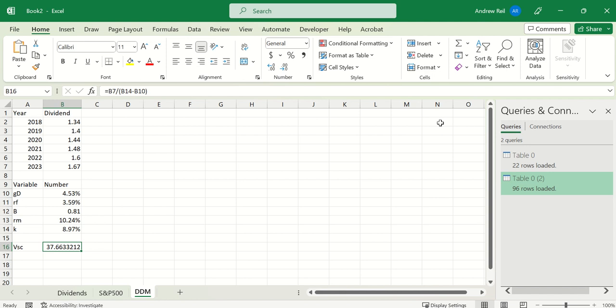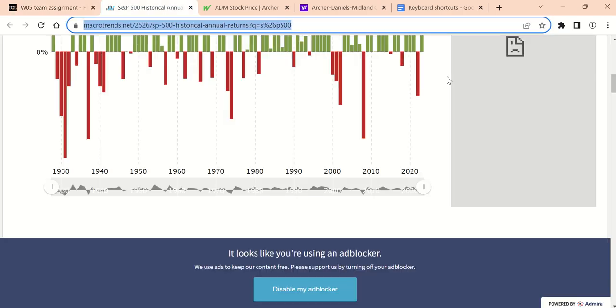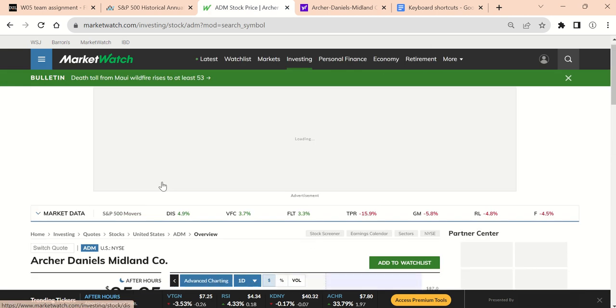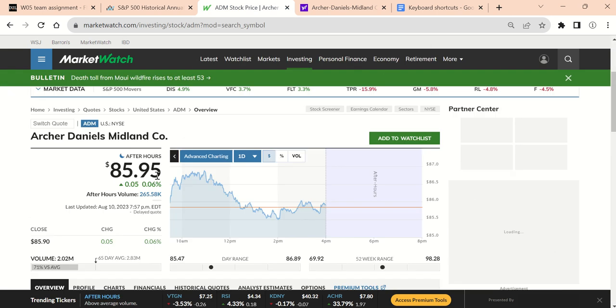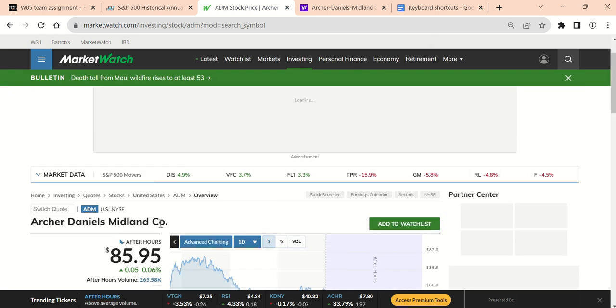And I'm going to go Control Shift 1 to make that 2 decimal places. So $37.66. And what it really is, by the way, if we go to the, it's really $85.